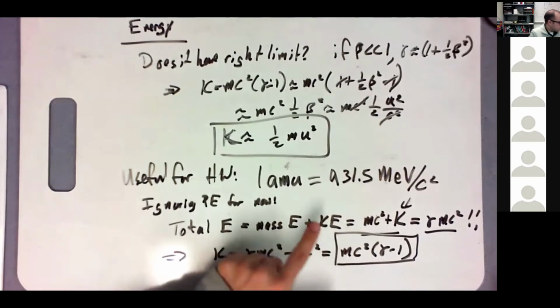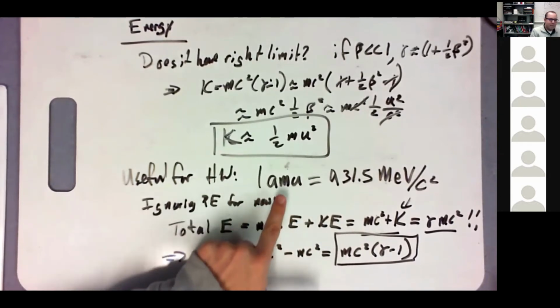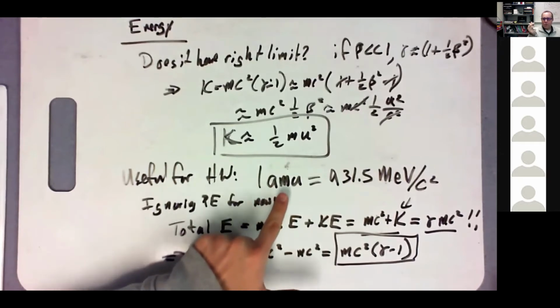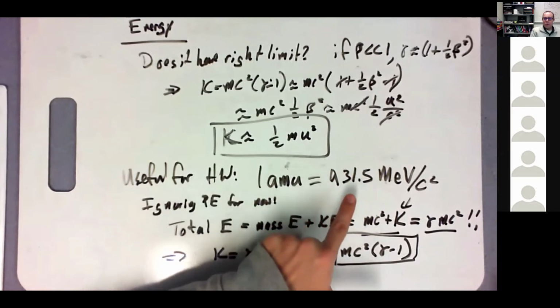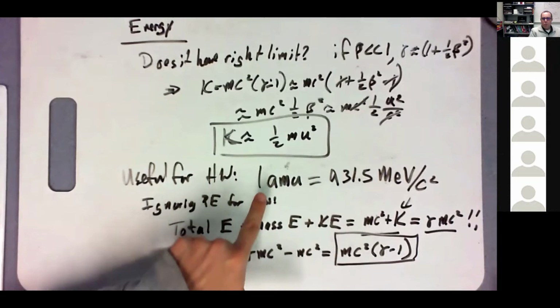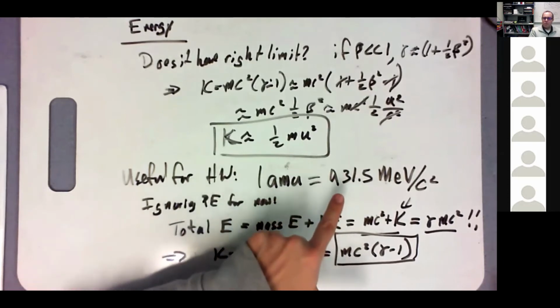In other words, you're going to have to be calculating mc squareds of a lot of things. One atomic mass unit, or roughly the mass of a hydrogen atom, is 931.5 MeV over c squared. So the hydrogen atom times c squared, the rest mass energy of a hydrogen atom, is roughly 931.5 MeV, mega electron volts.